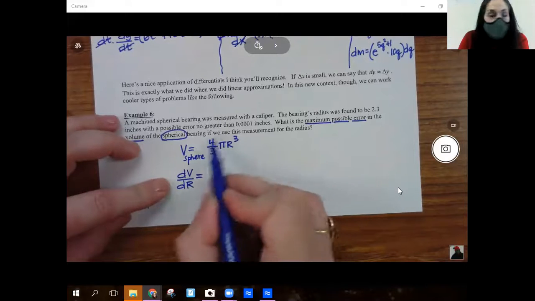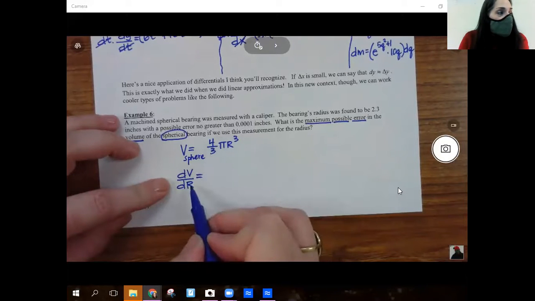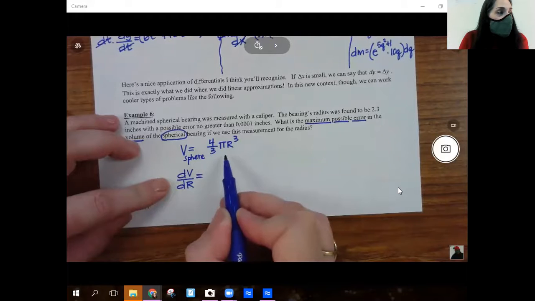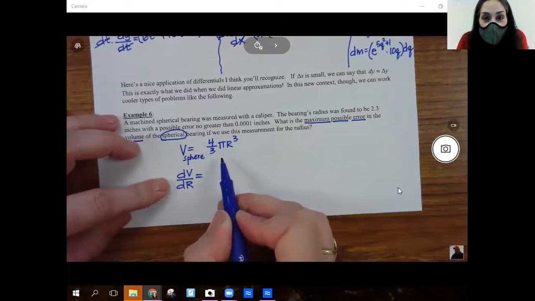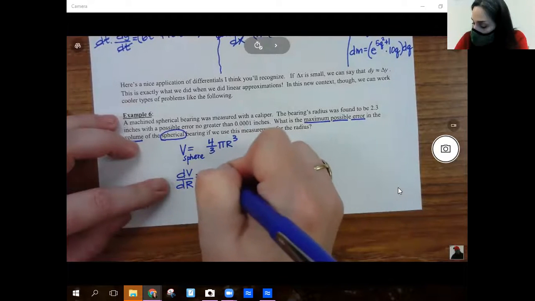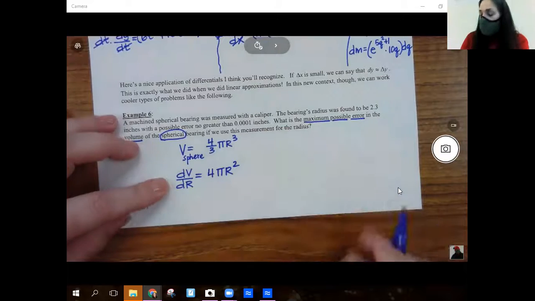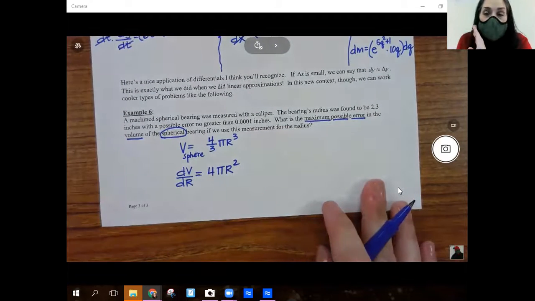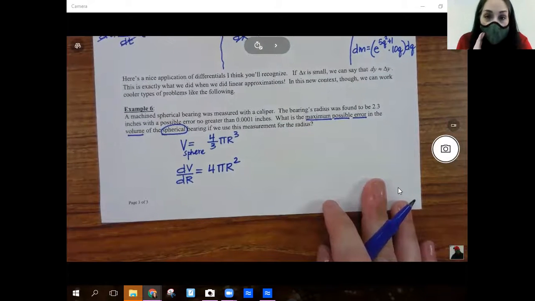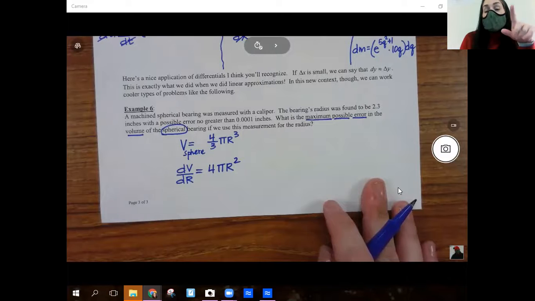The derivative of this, what would it be? Yeah, 4 pi r squared, which incidentally is the surface area of a sphere. If you take the derivative of the volume, you end up with the surface area of the sphere, which I thought was pretty cool.